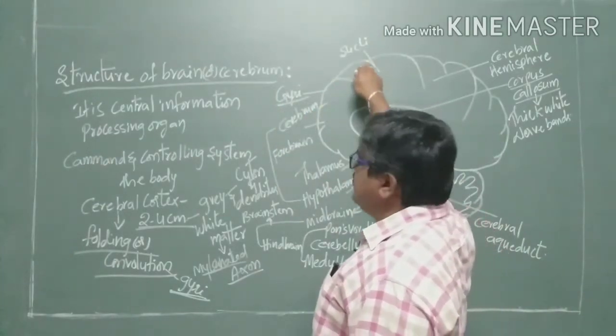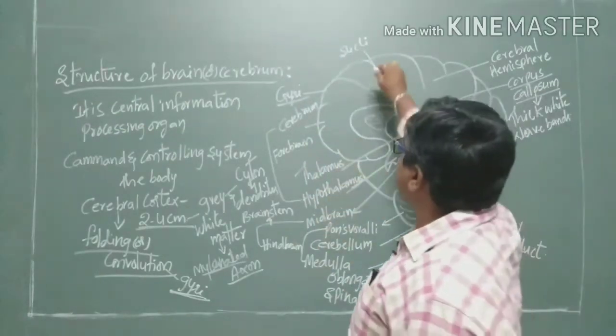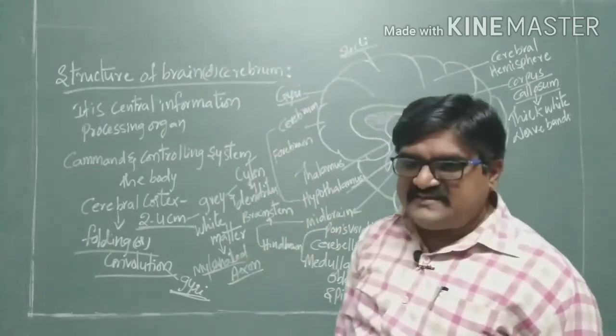And the small slit-like structures in between the gyrae we can call the sulci.